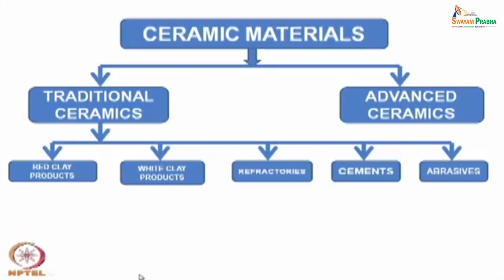These kinds of applications have been known for a long time, particularly red clay products, because many of them, particularly red clay as well as white clay, use the most crude form of raw materials which are available in nature. For example, red clay products are basically ordinary clay available in nature at different parts of this earth's crust or earth's surface.